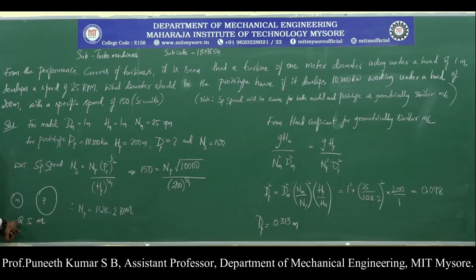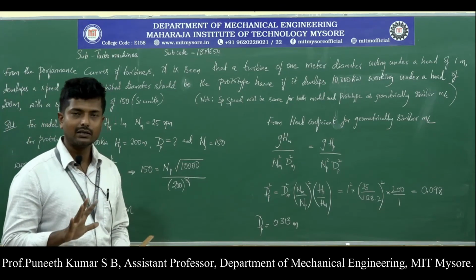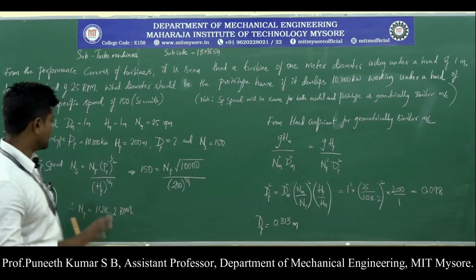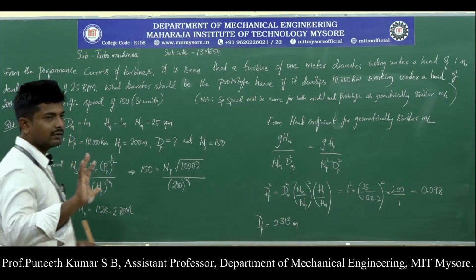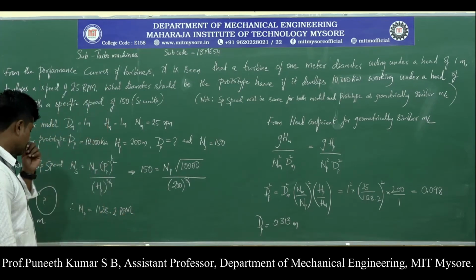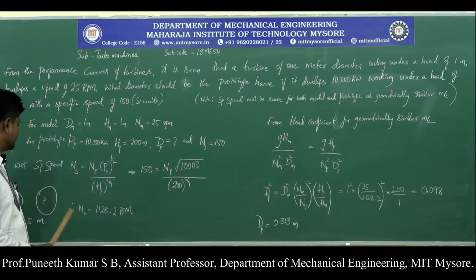Under that I have written that the model and prototype are geometrically similar machines. Geometrically similar means only the scale size will be different, the entire geometrical structure will be similar to each other. There will be no change in geometry or proportions, but there will be a huge change in scale or size.